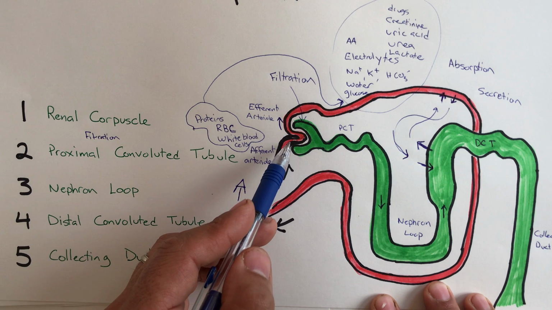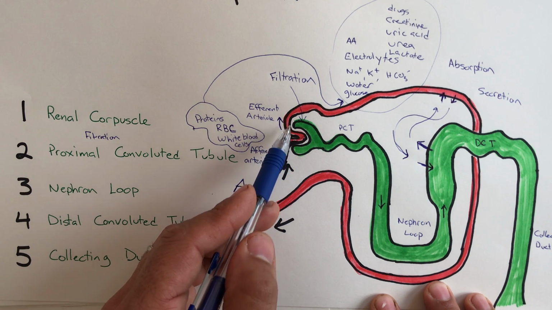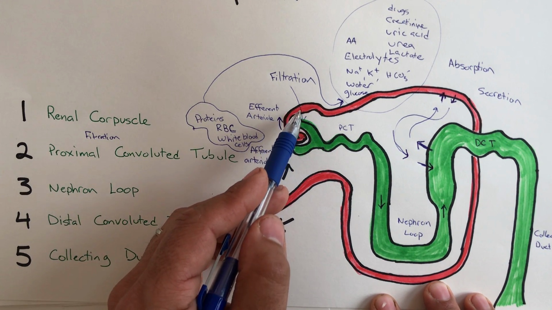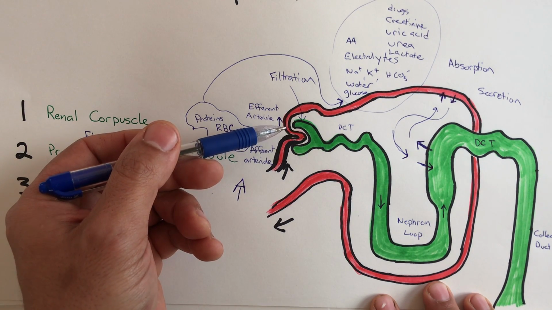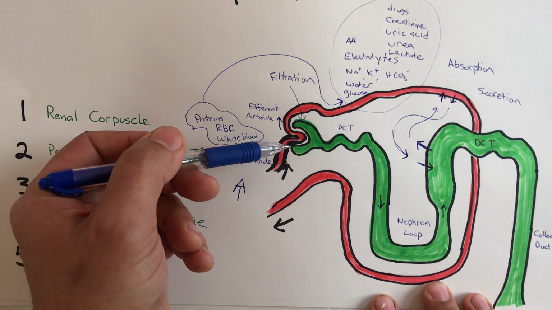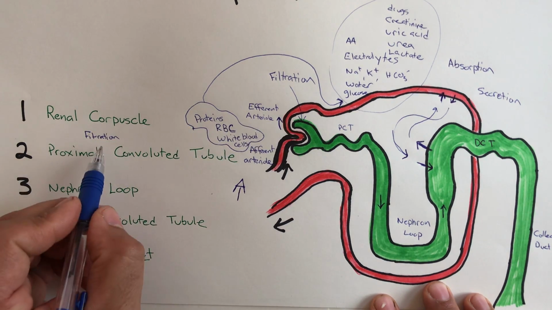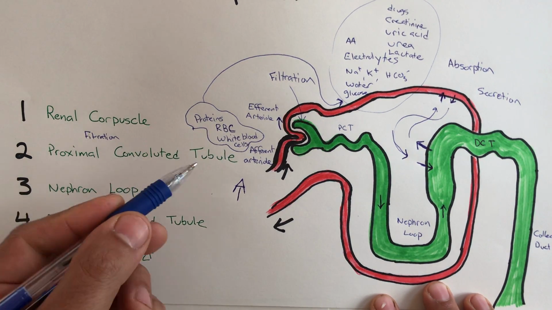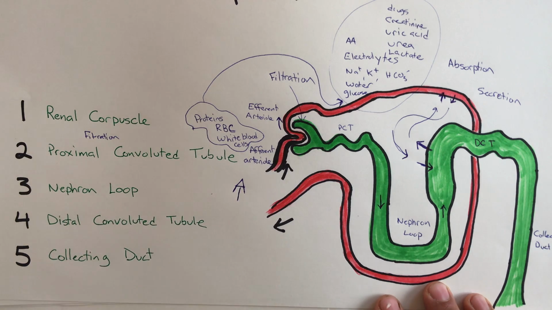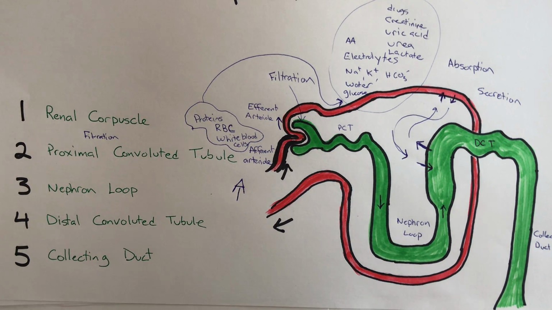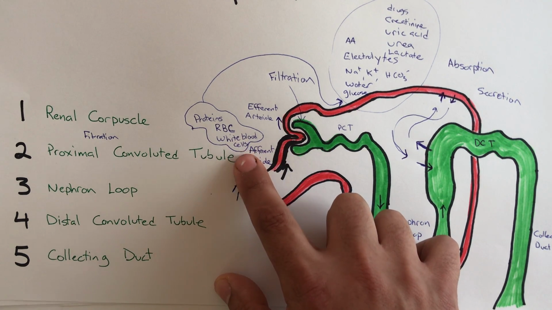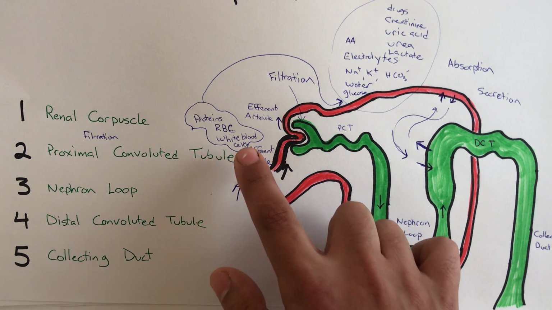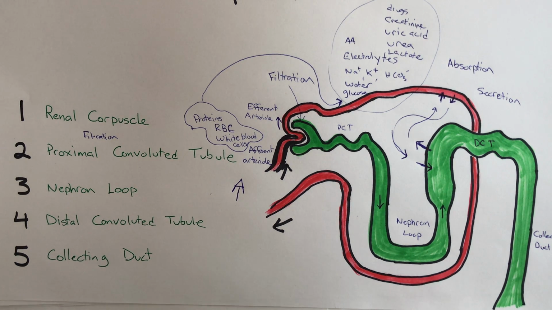Therefore, there's more blood coming in, and because the efferent leaving the renal corpuscle is a thinner, skinnier tube, it causes lots of backup, which causes pressure, and that pressure allows for this filtration. It causes stuff to exit the blood. What stays inside the blood? The stuff that's too large. Proteins, red blood cells, white blood cells are too large.